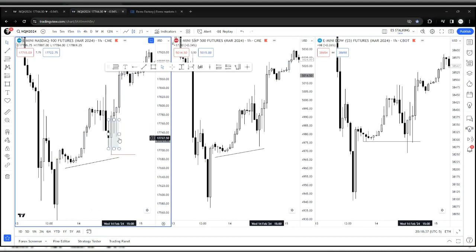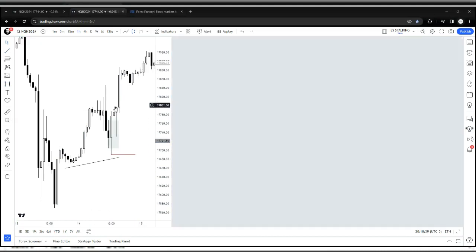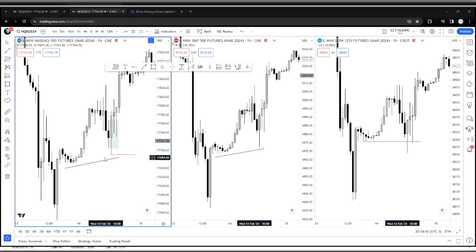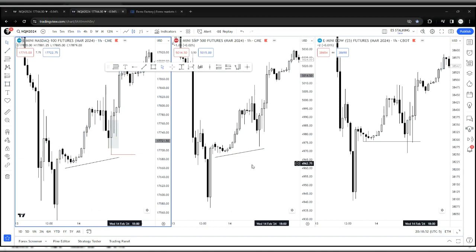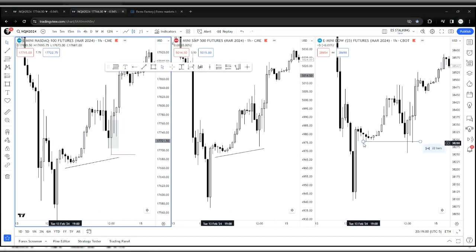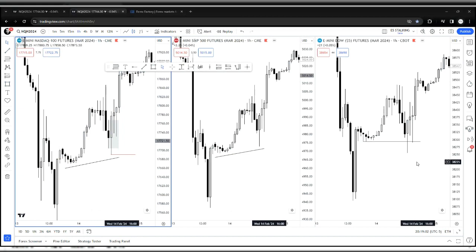So high probability order blocks, you'll find them after price has a failure swing. And the only time a failure swing is confirmed will be when there is SMT, right? And you have two asset classes failing to break below a low, while the third one breaks below the low, which confirms the SMT, right?